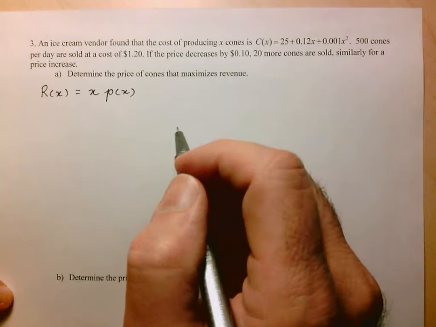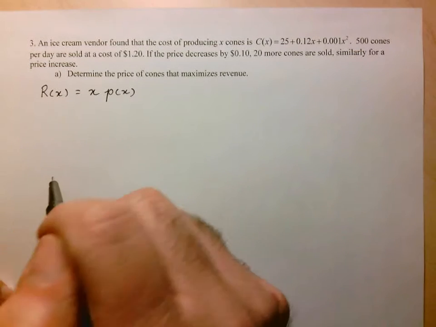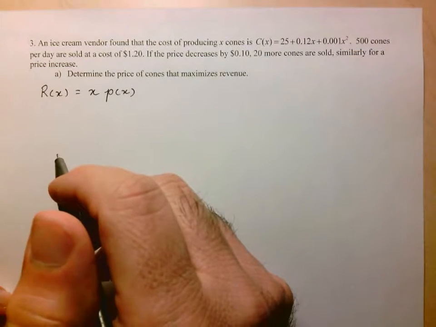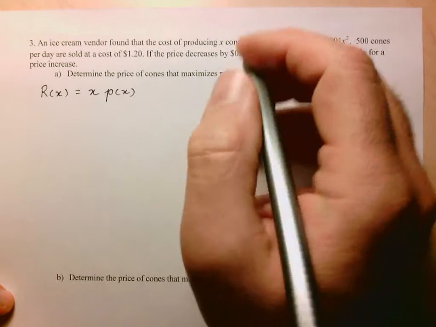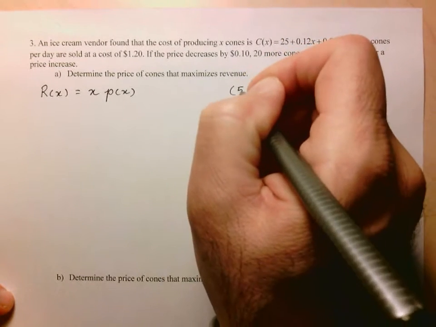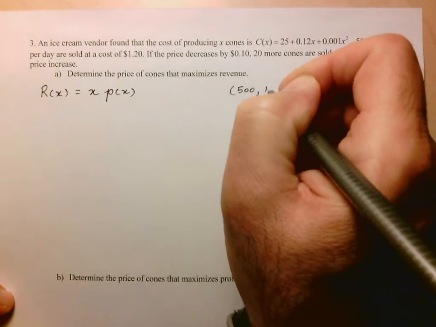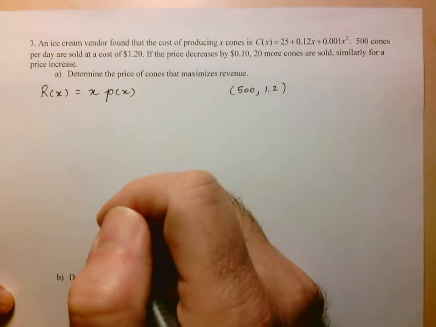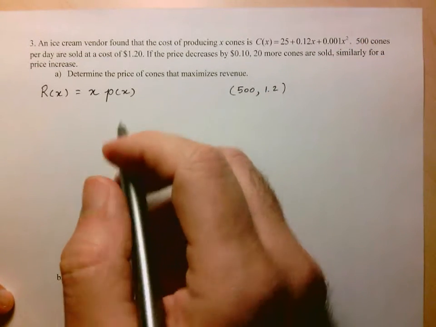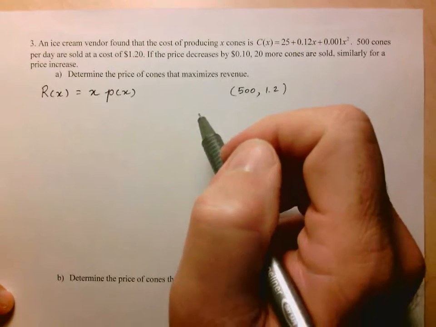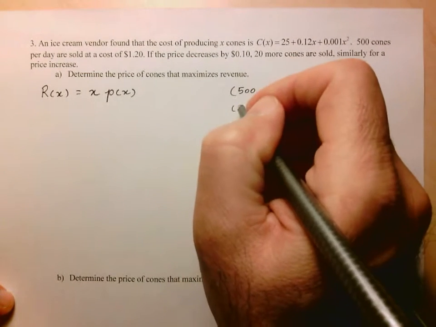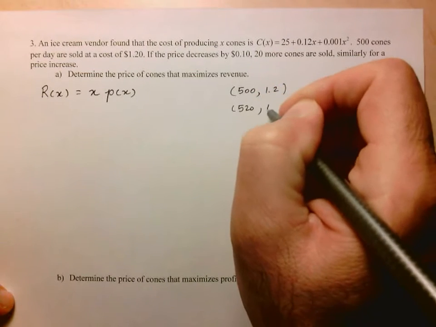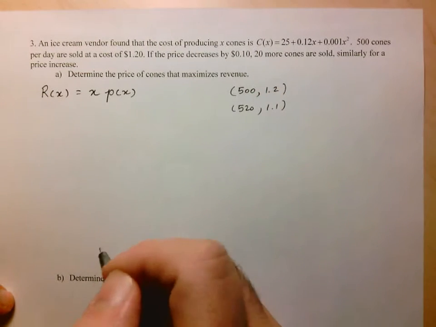So step number 1 is to find this price function. Since it's linear, I need 2 points to determine my function. I know that when 500 cones are sold, I'm selling them for $1.20. If I decrease the price by 10 cents, the number of cones goes up by 20, so I'll sell 520 cones if I bring down my price by 10 cents.